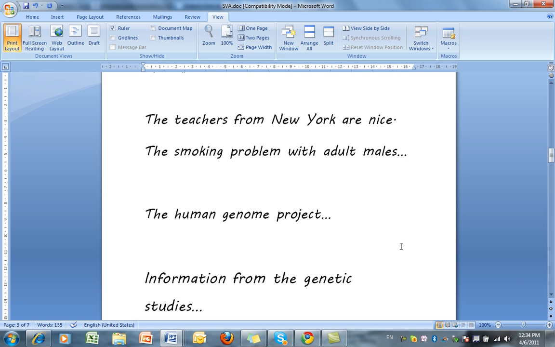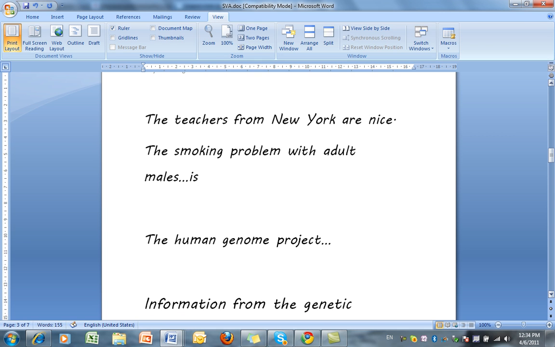Try another one. The smoking problem with adult males. Think about that one for a moment. The smoking problem with adult males. The smoking problem. Singular?